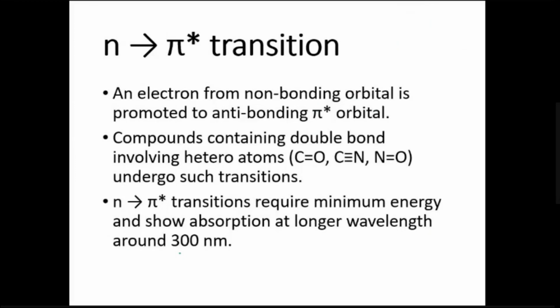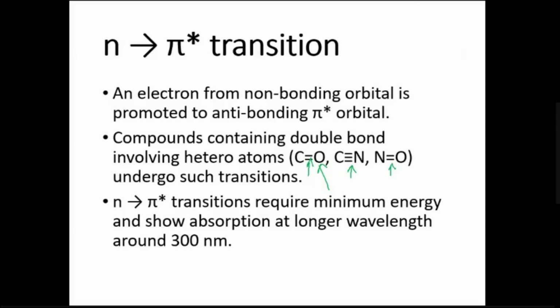Now next is the n to pi star transition. An electron from a non-bonding orbital is promoted to an anti-bonding pi orbital. Which compounds will show this type of transition? Those in which you have n electrons and pi electrons or a pi orbital. You need one heteroatom immediately next to a pi bond, like in the carbonyl group, cyano group, nitroso group, and so on.